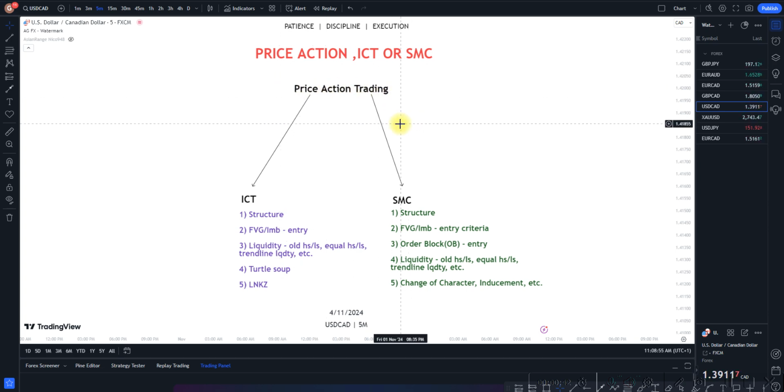I mean, ICT and SMC are subsets of price action, because if you look at the three strategies, they involve trading without the use of these common external indicators that we have, like moving averages, Bollinger bands, oscillators, and a lot of them like that.